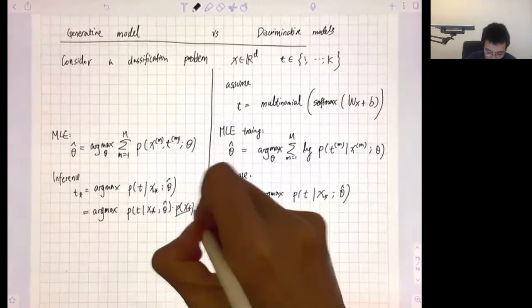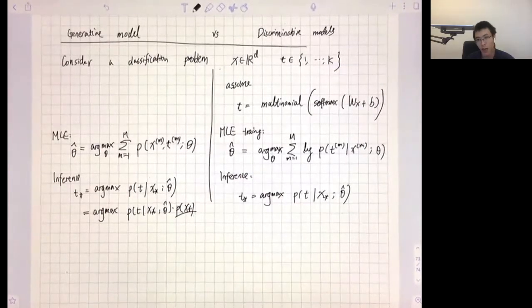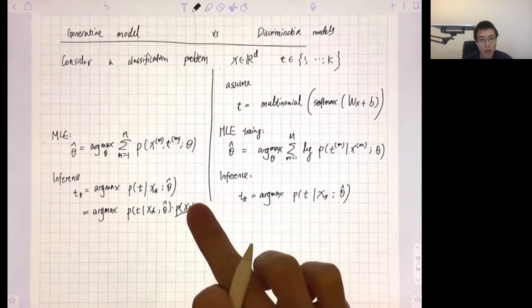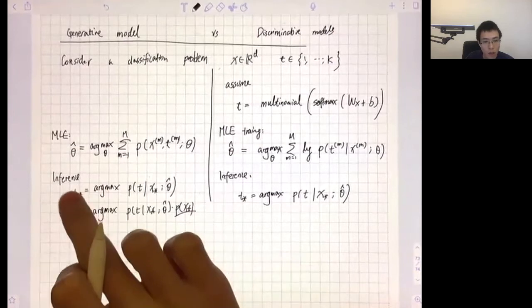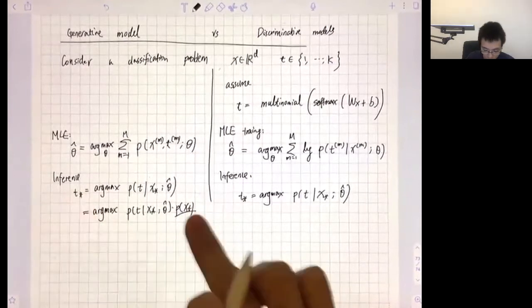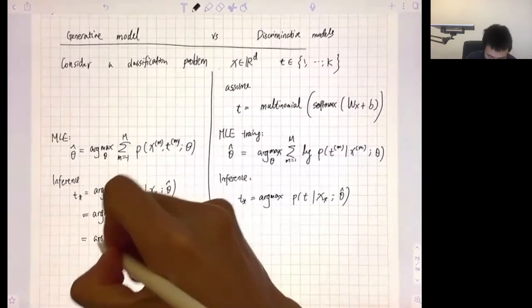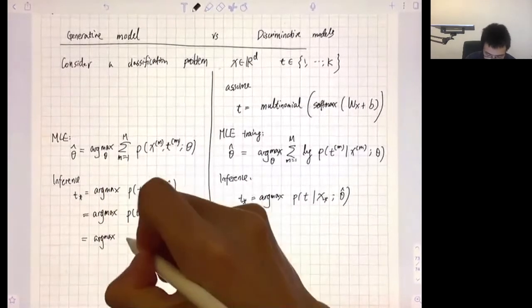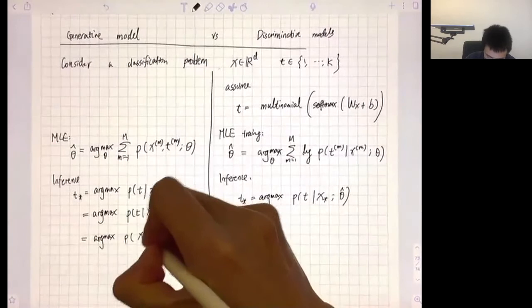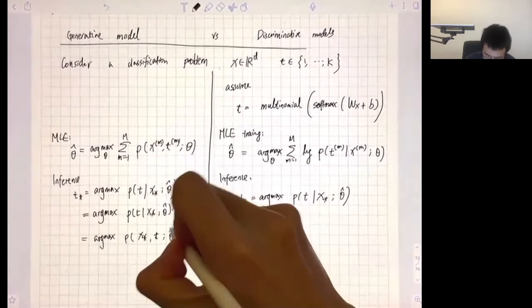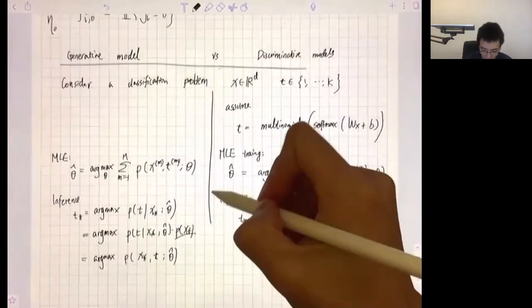Because p of x star is a constant. It's the probability of data. Even if it's unlikely, we have to say something about that data sample. So that's a constant in terms of your category. So I can multiply p of x here. Then eventually it gives me the joint probability of t and x star in the estimated parameter.